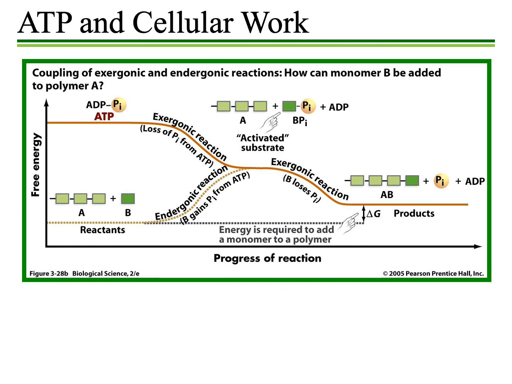We're going to couple that with the reaction that's superimposed on this figure, and that is of ATP going to ADP. The amount of free energy associated with ATP is very high, whereas the amount of energy associated with ADP is much lower.